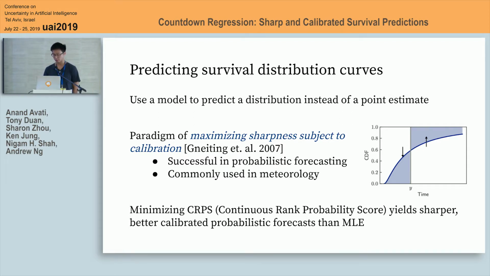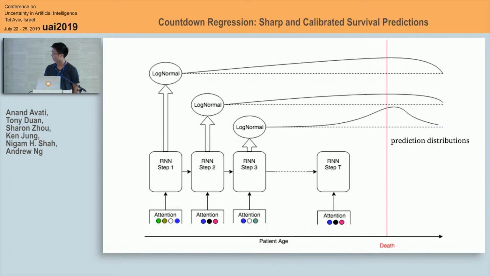Yeah, so as Sharon mentioned, part of our technical contribution in this work is to introduce a continuous rank probability score for survival analysis. Just to give you an overview of what's going to happen, the high-level architecture looks like the following. We have an electronic health record with which we're interacting at the bottom.